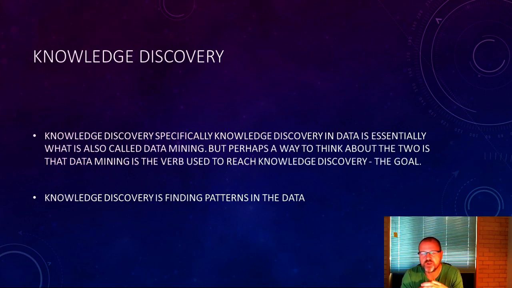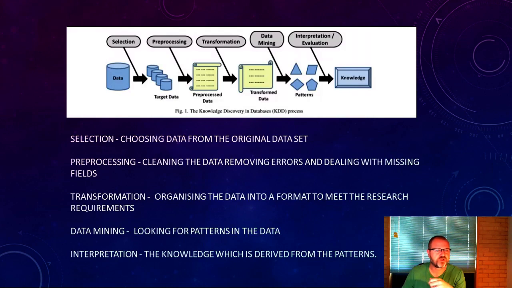And on the Interact site, I've provided a copy of this graph, which I've taken from one of our texts, which has a link to it on the site. Here they've broken down the process toward knowledge discovery, and I thought it worth having a bit of a look and a talk through that.